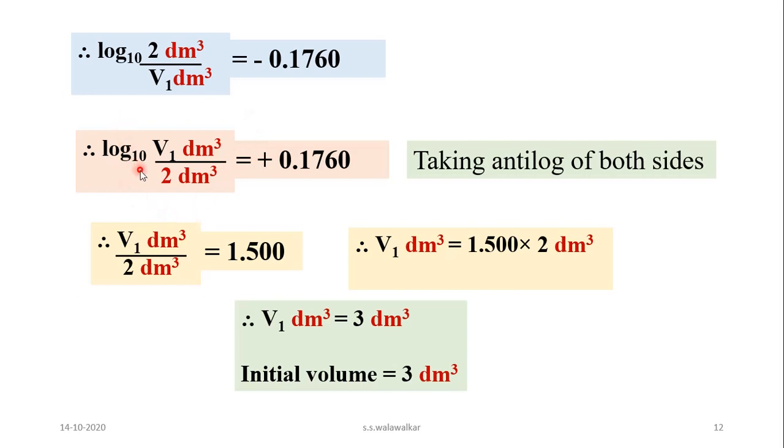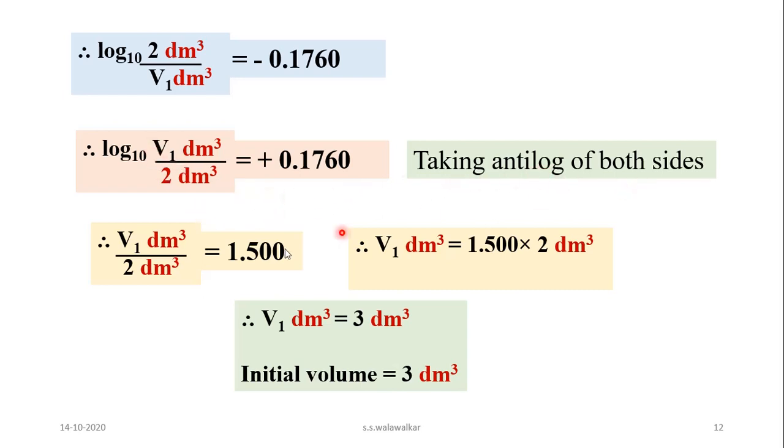So log to the base 10 of, instead of 2 divided by V1, V1 divided by 2, so that this sign becomes positive, therefore is equal to plus 0.1760.